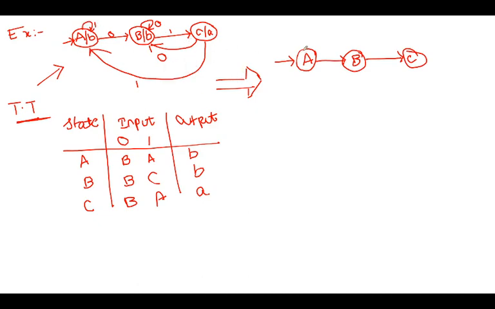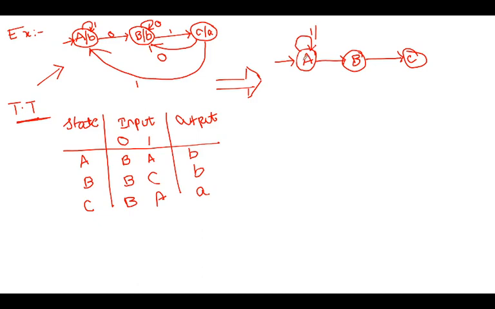Here the output function is very important. The output symbol must be the output of the destination state. For example, if A on taking the input 0 goes to B, then we write the output symbol which is present with the B state. Is that clear? Don't get confused.